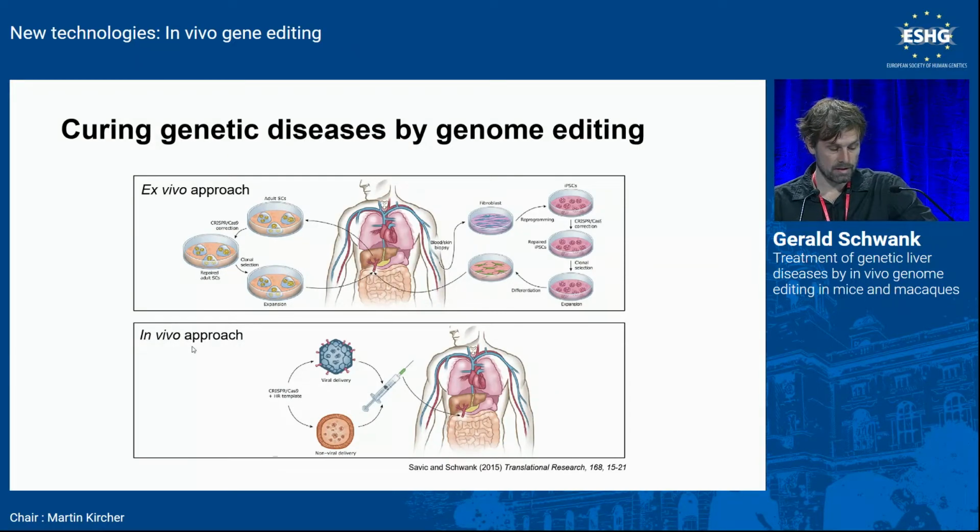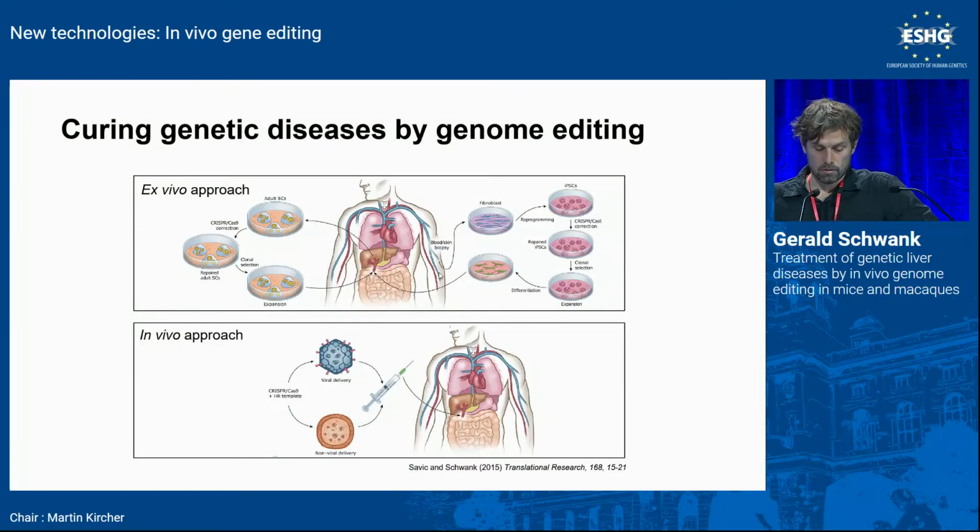The other approach is the in vivo genome editing approach, and here the idea is to directly deliver the genome editing tool to the organ of interest in the patient. Now, obviously, both approaches have advantages and disadvantages.